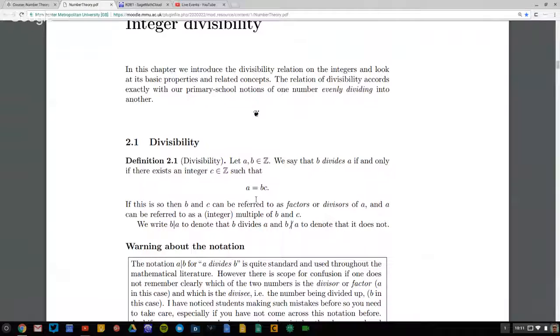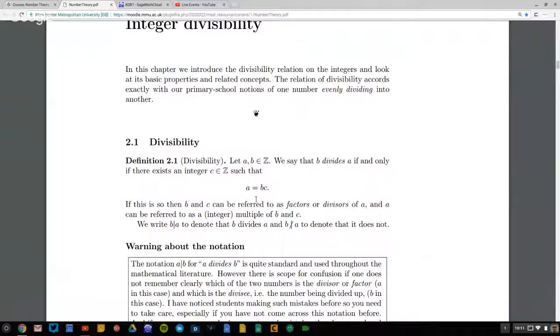Here it's a binary relation, so it's taking two inputs, and the value it's giving you is a truth value. It gives you either a value of true or false. So 3 divides 10 is false, and its negation is true. But it exactly accords with the childhood notion of one number cleanly dividing another one.